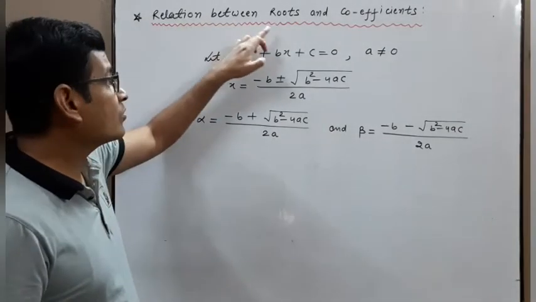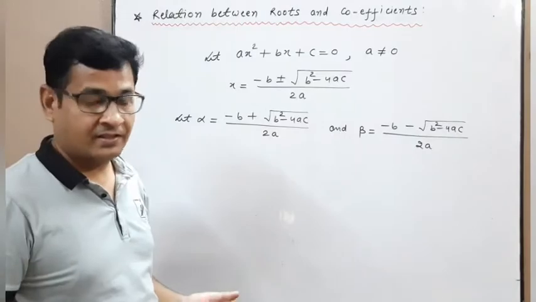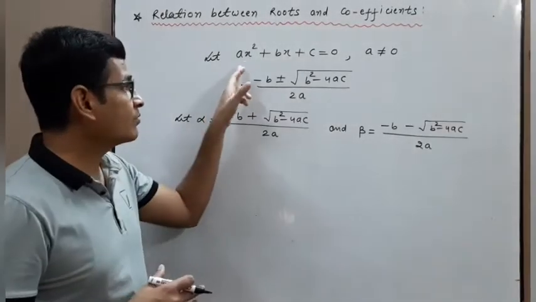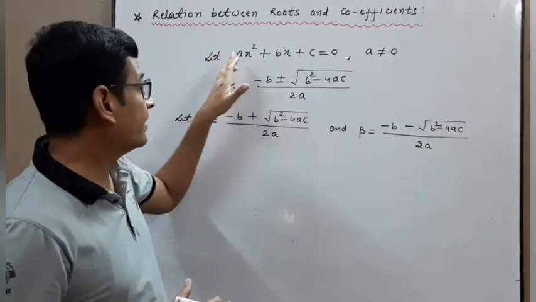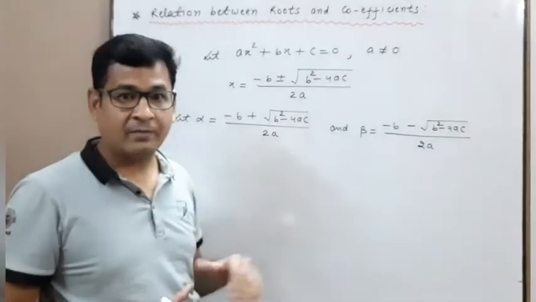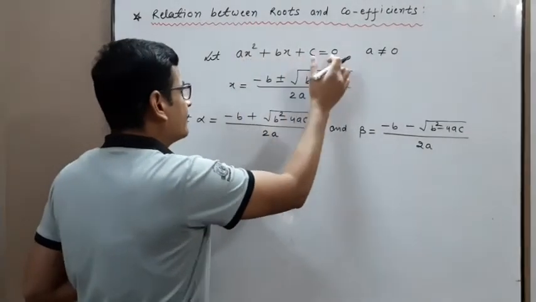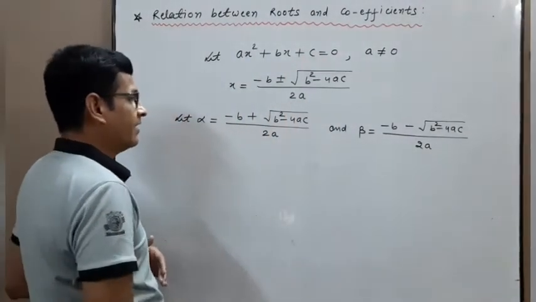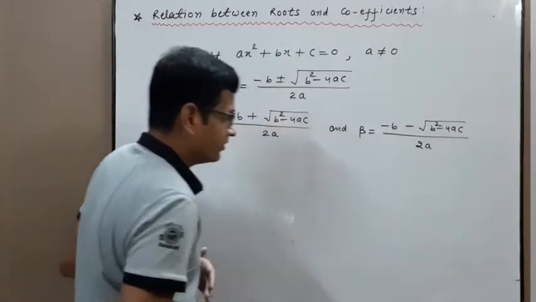Relation between roots and coefficients of any quadratic equation. We can find the relation between roots and coefficients of a quadratic equation by the quadratic formula. ax square plus bx plus c equal to 0 is the quadratic equation, and the roots of this equation are alpha equal to this and beta equal to this.